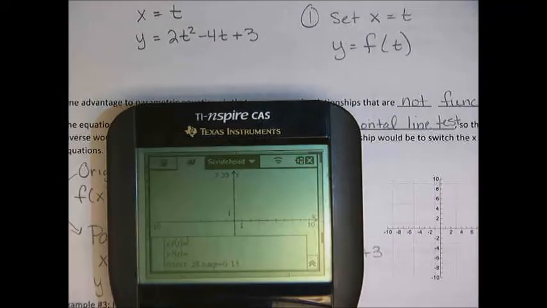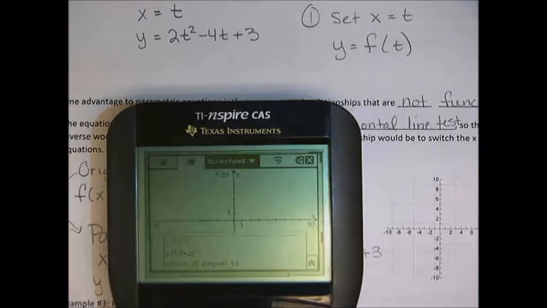So you want to put x is equal to t. And for your y value, we picked 2t squared. Sorry, I hit the cursor and it went to the wrong spot. Minus 4t plus 3.